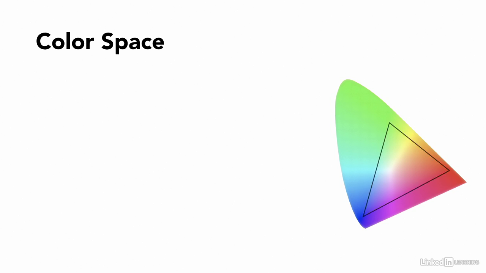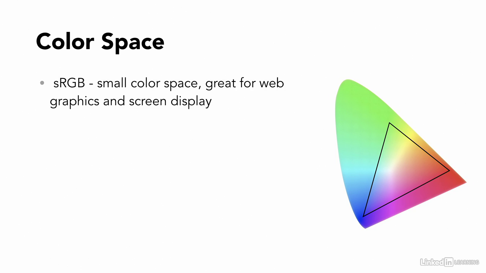So here, this triangle that we can now see is representative of the RGB color space. It's a relatively small color space in comparison to the color gamut of the human eye. But most screens can display all of the colors in the sRGB color space. So it's a good color space to work in if you know that you're only going to publish to the screen.